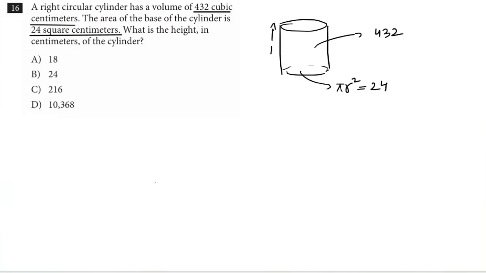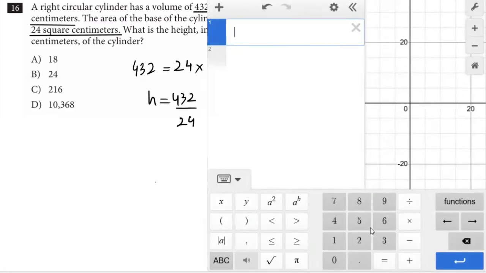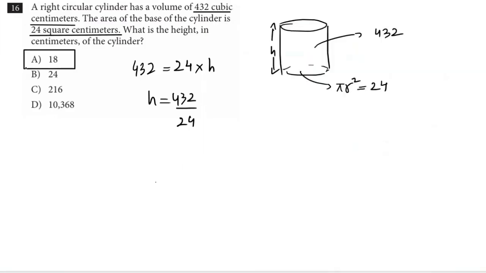And we need to find the height. So we know that the volume is pi r squared h. So 432 is going to be 24 times h. So you just divide 432 by 24. And let's see, what do we get as the answer? 432 divided by 24. A is the correct answer.